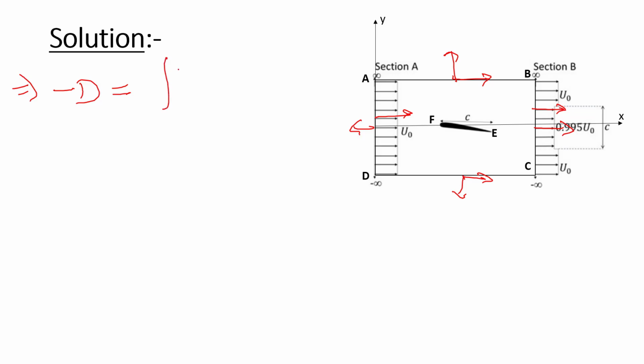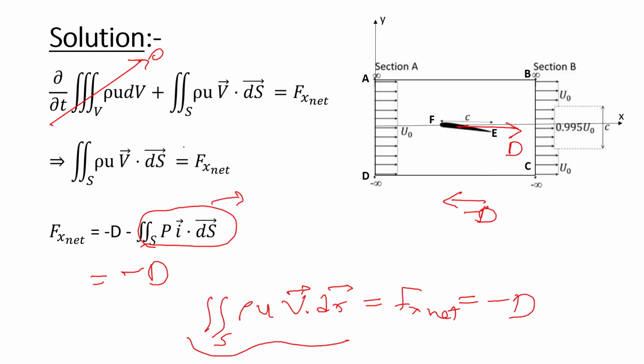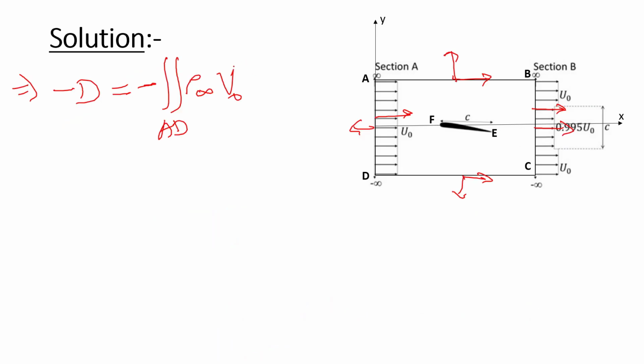So we can write, for AD it will be rho infinity u naught. This u naught is due to this u in the equation, and as there is v dot ds also, so there will be also one more u naught and ds. Similarly for BC, rho u square ds.